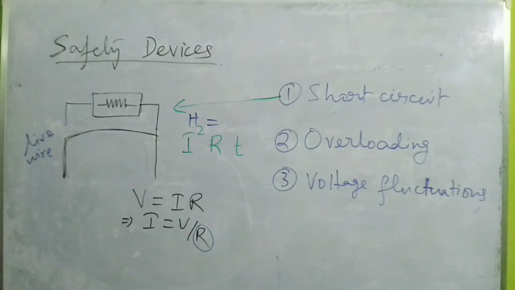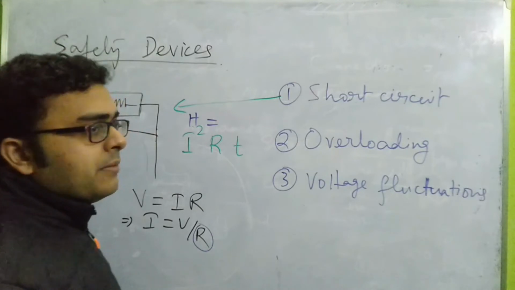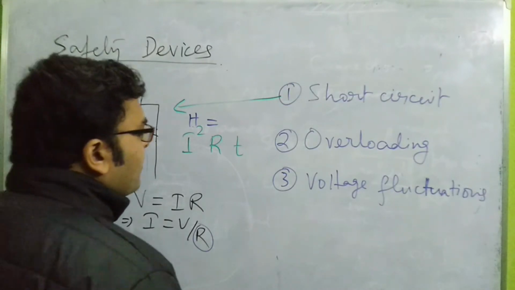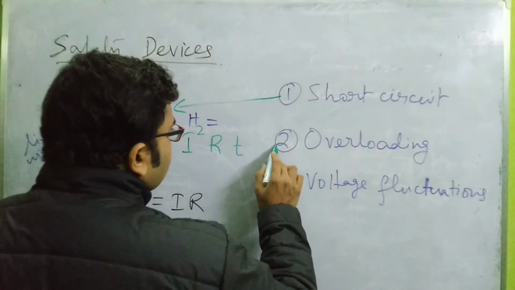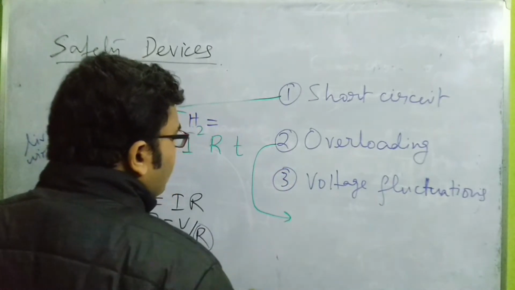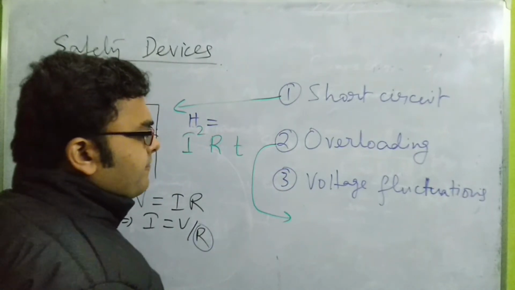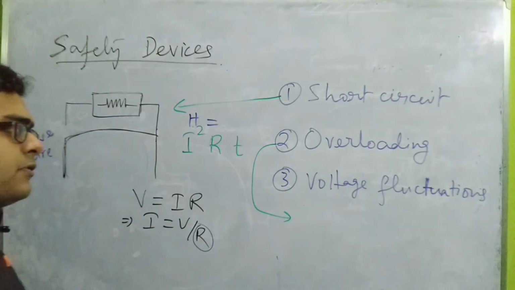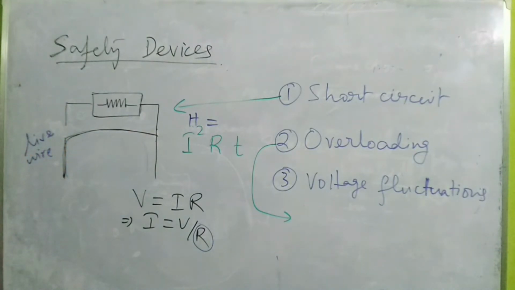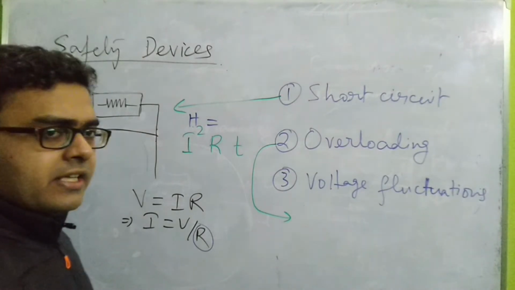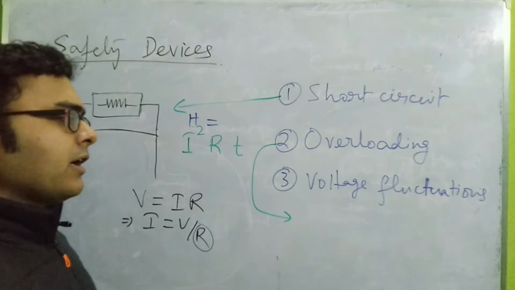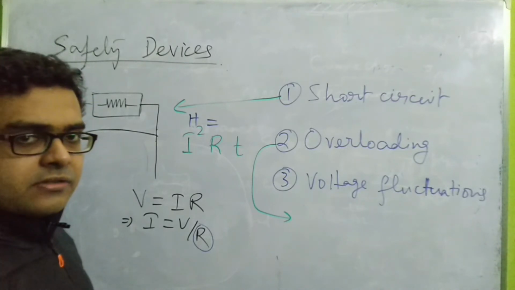Now if you connect too many appliances which have a very high power rating in the total circuit, then suddenly a large amount of current will be drawn from the power source, and that large amount of current can cause overheating, and then it leads to fire. So this is the overloading condition.